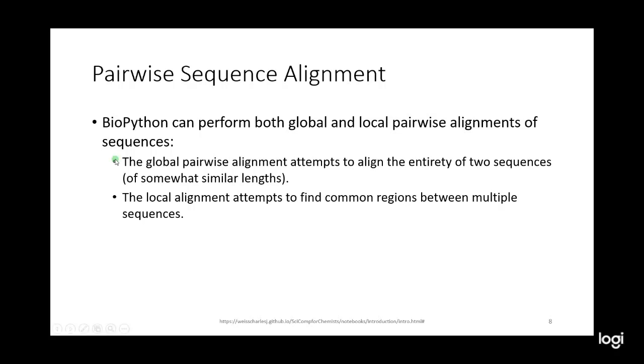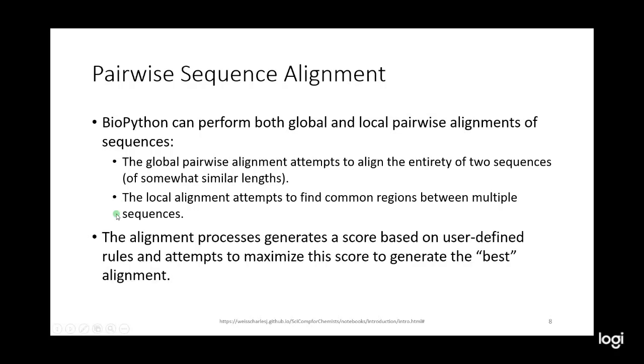The global alignment aligns the entire sequence from start to finish, which is best suited for sequences of similar lengths with significant overall similarity. Local alignment aligns subsections of sequences to find common regions between them, which is ideal for identifying conserved motifs or functional domains in longer sequences.